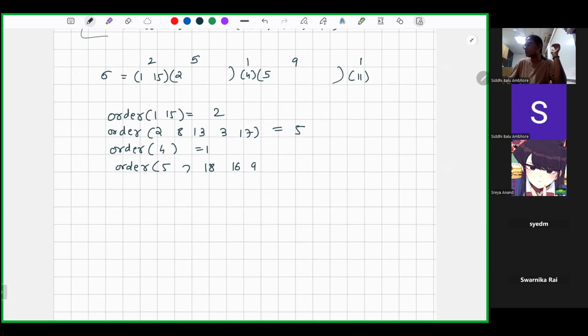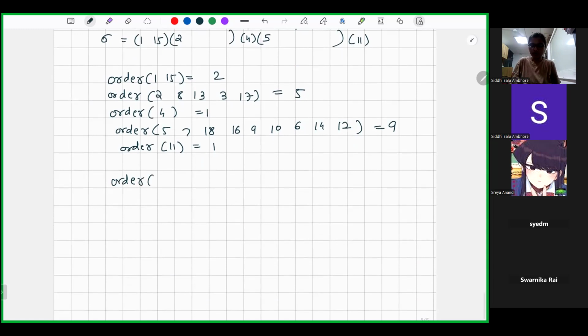And the order of this cycle (5, 7, 18, 16, 9, 10, 6, 14, 12), I hope it is correct, will be 9 because there are 9 elements, and the order of the fixed 11 will again be 1.